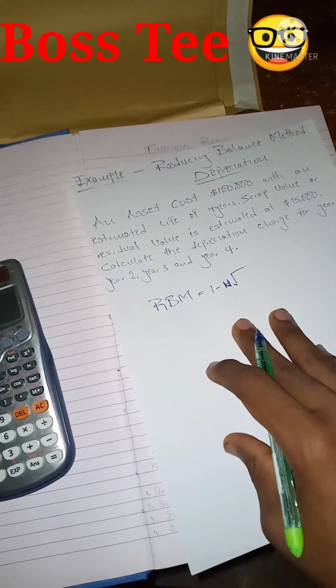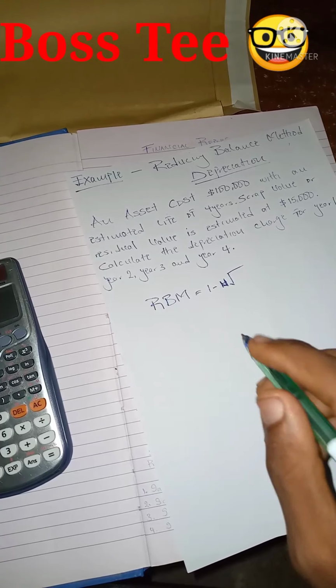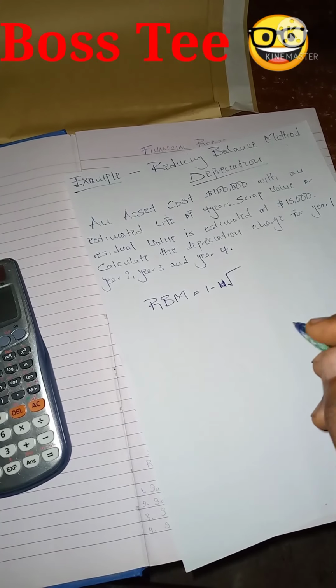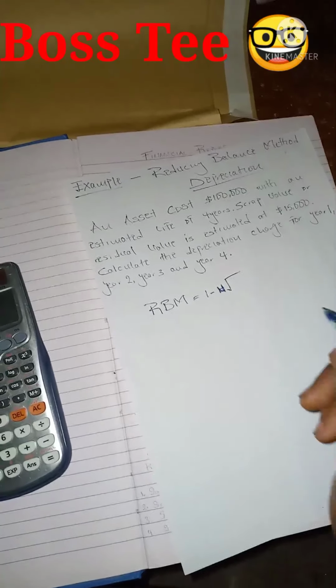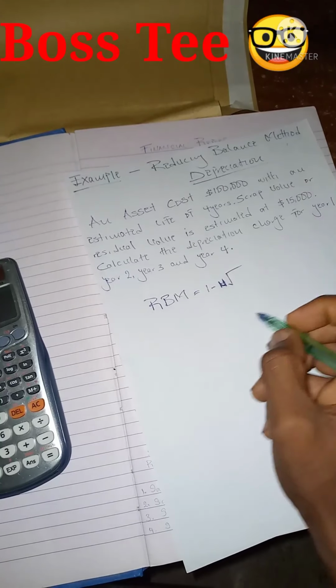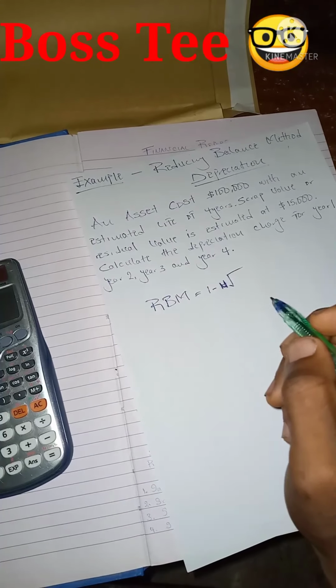Now, unlike the straight line method, the reducing balance method is based on a formula which is far different. For the straight line method, we say the cost minus scrap value all upon the estimated life.